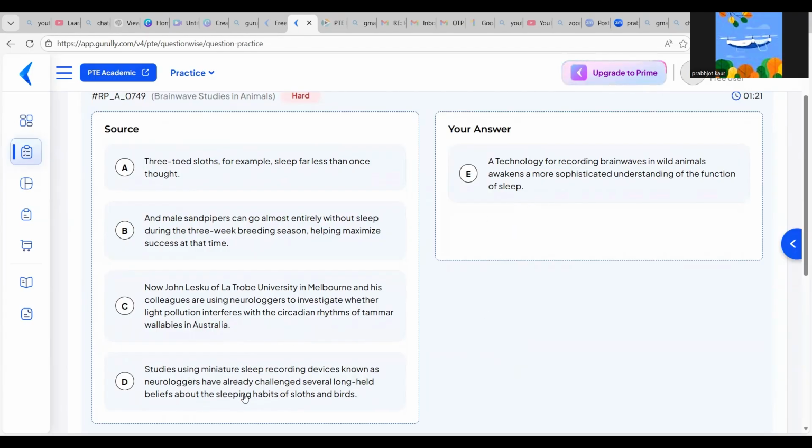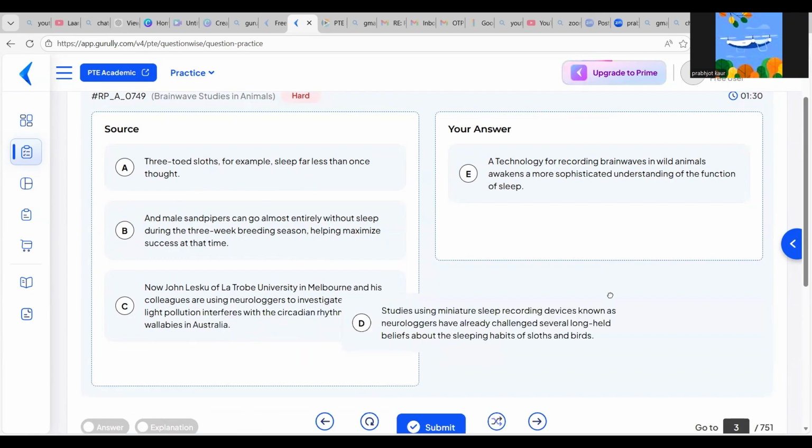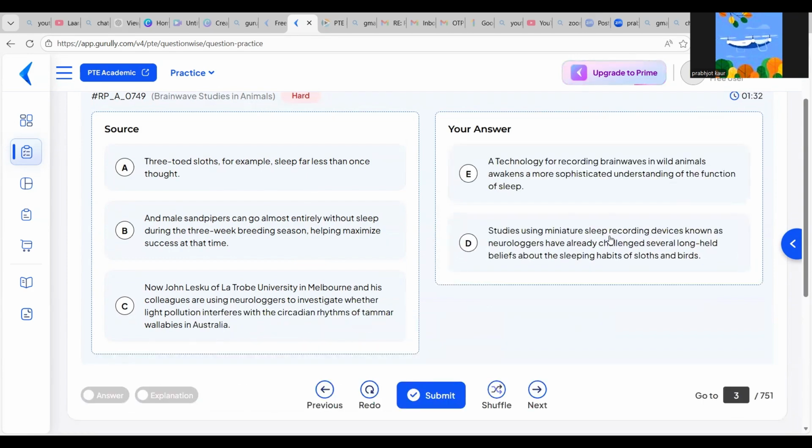So here is sleep, and here it talks about sleeping habits. After that, this one, interlinked with each other.